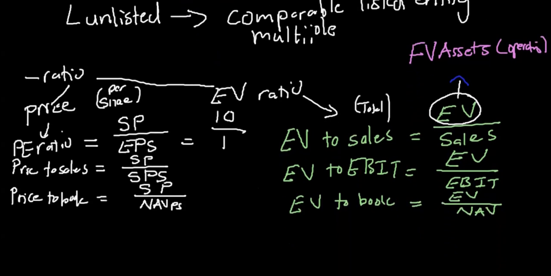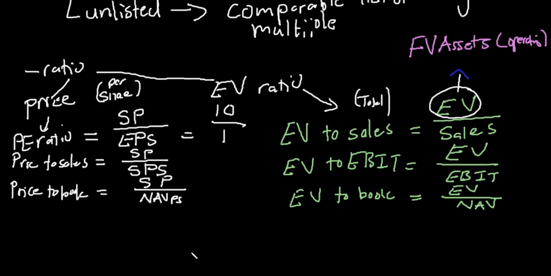Importantly, that you also remember from our part one series is that it's not enough to understand how to do the calculations. It's also important to understand what the outcome of each calculation will be. So, for example, if you look at a price earnings ratio, a price to sales, a price to book, the outcome of this will always be equity. And that's important because a shareholder or an equity holder will always look at the share price and the dividends of an entity in order to track how their investment is doing.